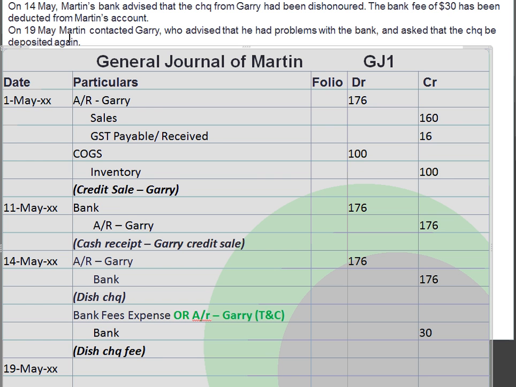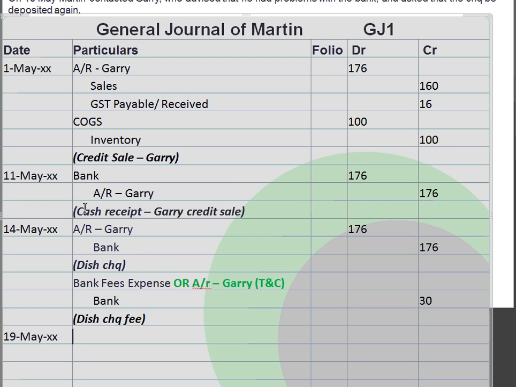Right. 19th of May, Martin deposits the check again. So Gary believes that he's got enough funds in his bank account. So here is the original transaction. Here is the reversal of that transaction. And guess what? Now we need to reverse the reversal, or we need to repeat the original transaction.